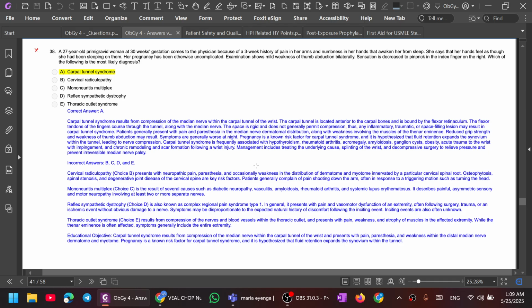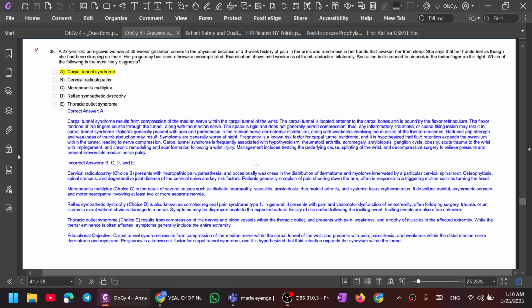Thus, any inflammatory, traumatic, or space-filling lesion may result in carpal tunnel syndrome. Patients generally present with pain and paresthesia in the median nerve dermatomal distribution, along with weakness involving the muscles of the thenar eminence. Reduced grip strength and weakness of thumb abduction may result.